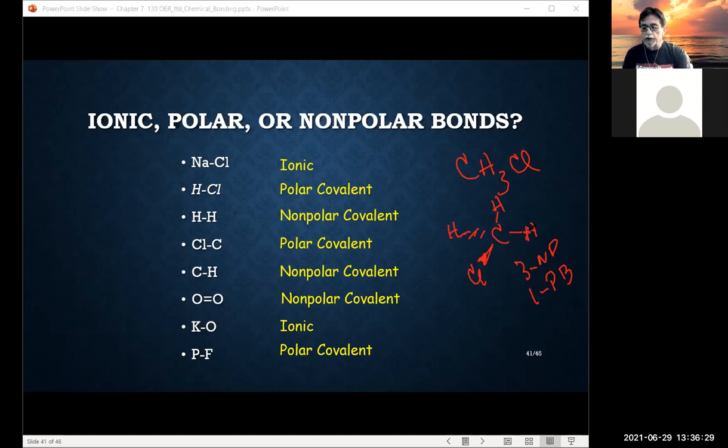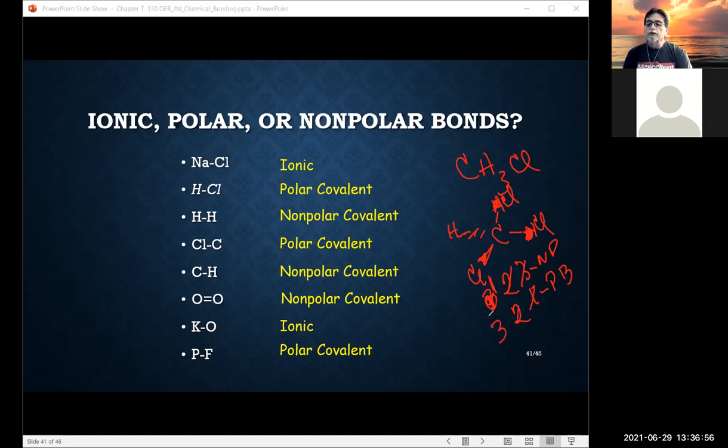Now, if we replace one of these hydrogens with a chloride, we have 2 nonpolar bonds and 2 polar bonds. The net is still a polar molecule. We go around the horn and replace another hydrogen with chloride. Now we have 1 nonpolar bond and 3 polar bonds.